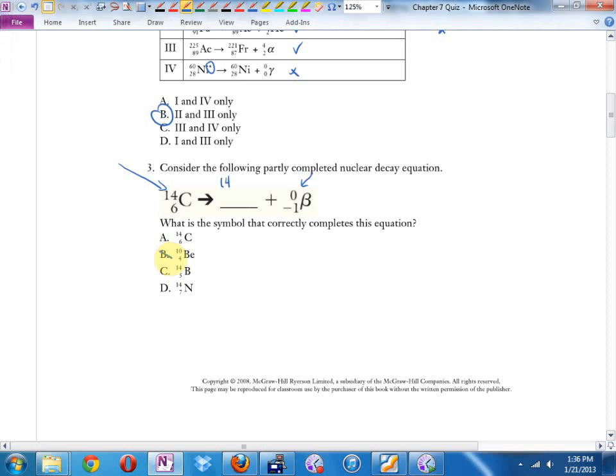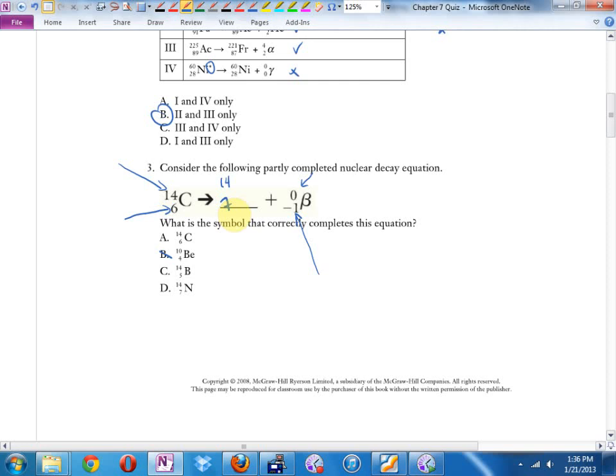Also, the number of protons, the charge, has to balance. I'm starting out, Amber, with a charge of what? 6. How much must I have at the end? Well, I must have 6 grand total, and you're right. If that's a -1, this has to be a 7. And that atomic number is also going to tell you what element we're talking about.